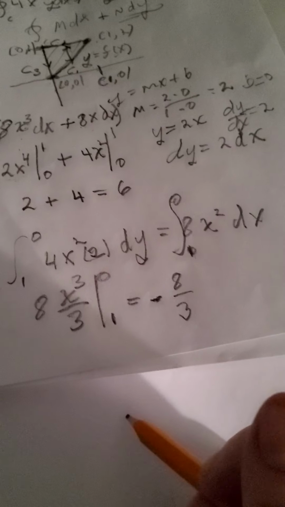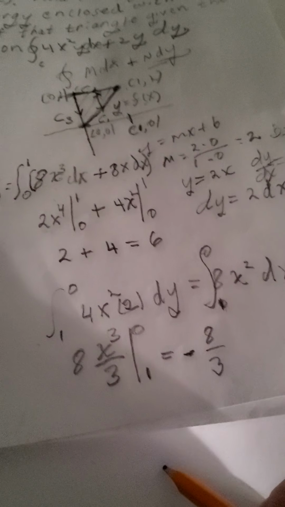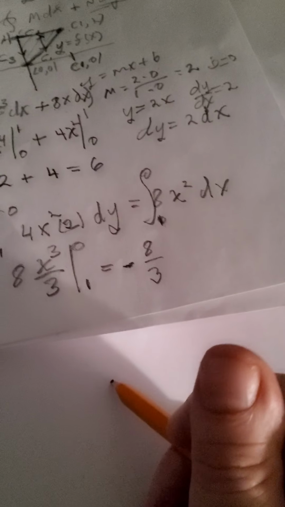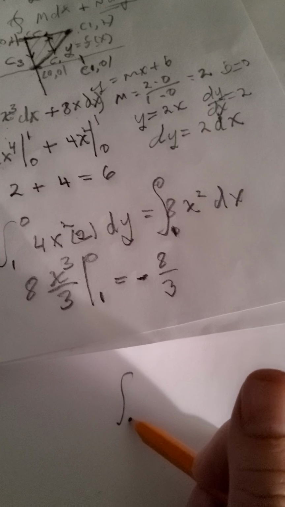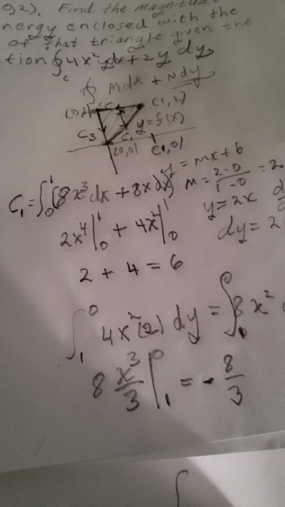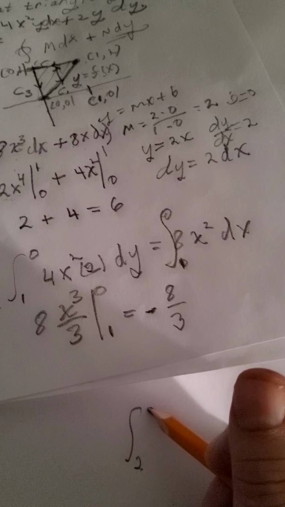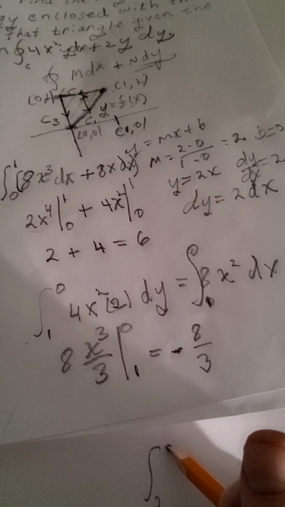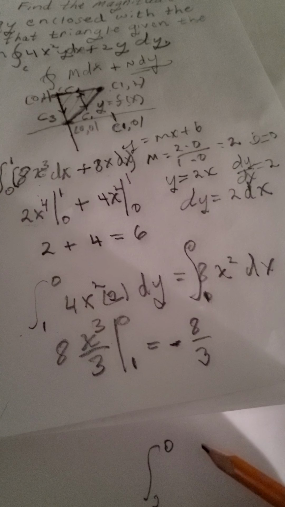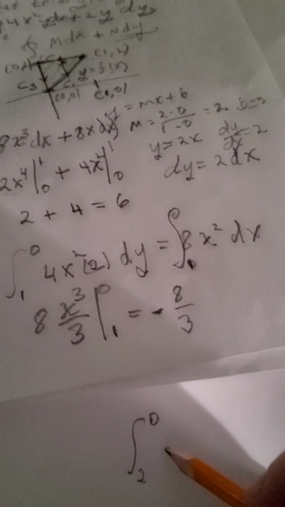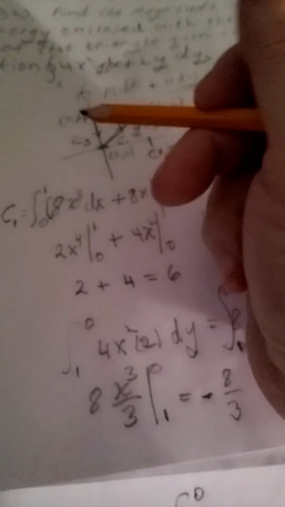So x goes to 0, in other words. So now, looking at my original equation, I'm going to have going from 2 to 0, because I'm going this way.